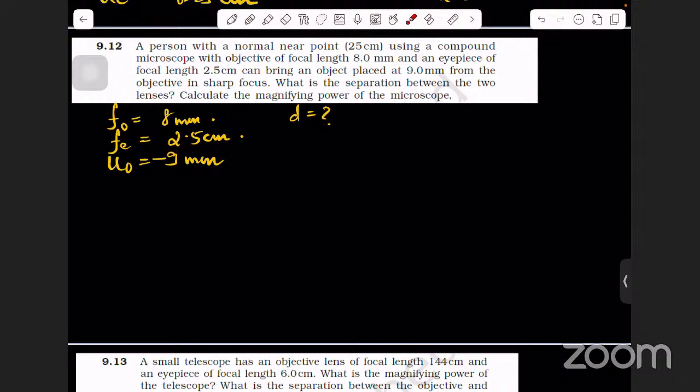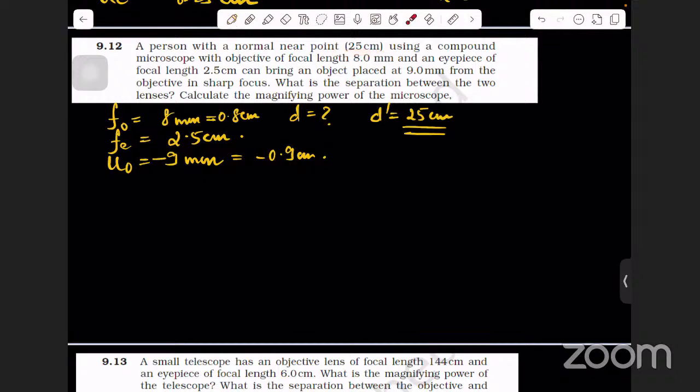Let's convert all of them to centimeters first, with a single system of units. D dash we have 25 centimeters, distance of near vision, right? So for the eyepiece, again the same equation at the near point.